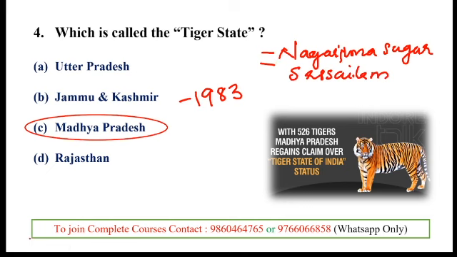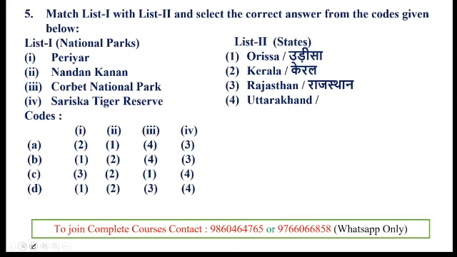Then the next question, match the following. List 1 shows national parks and list 2 shows states. We want to match the national parks with the particular state where they are located. First is Periyar, second Nandankanan, Corbett National Park, Sariska Tiger Reserve.